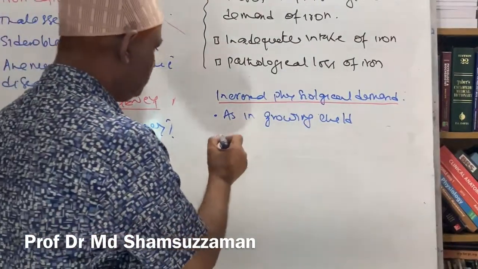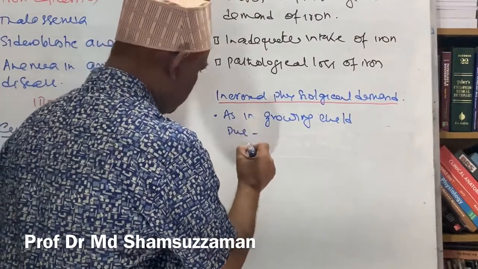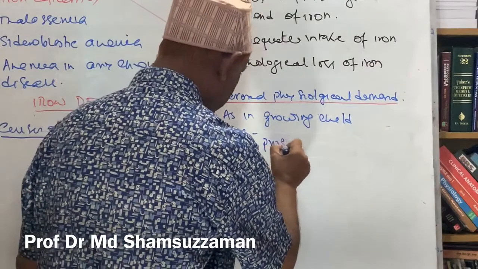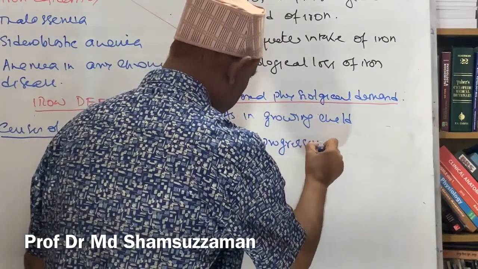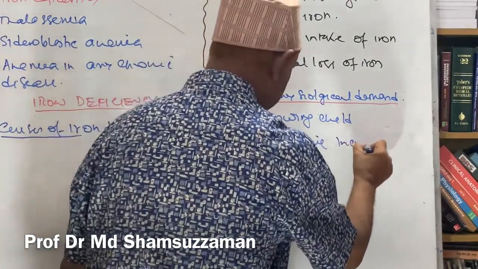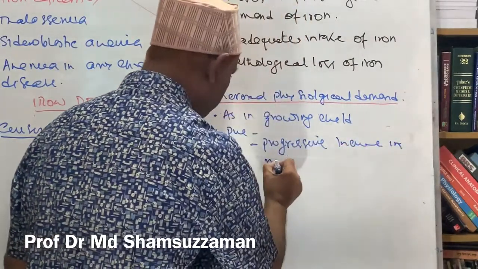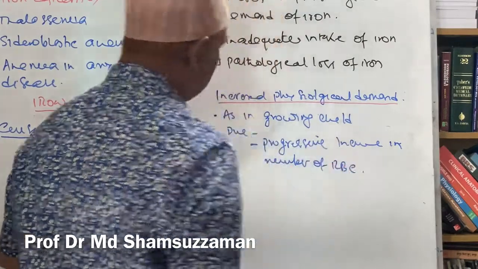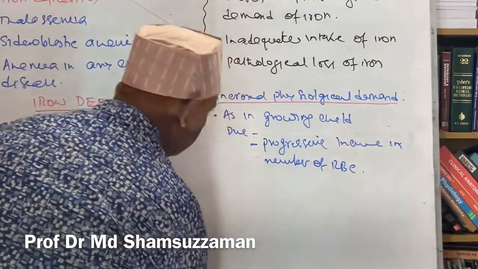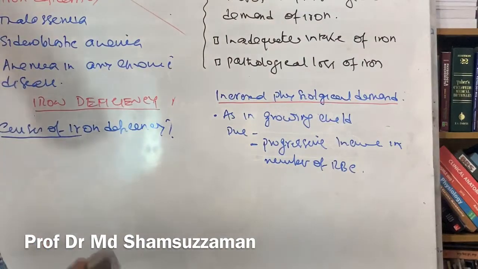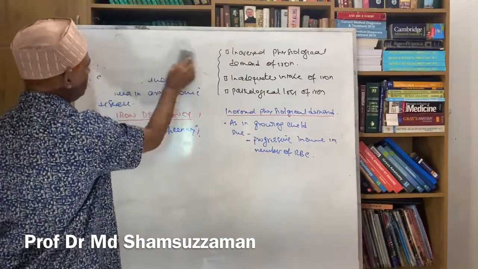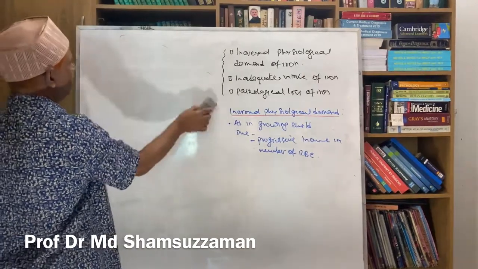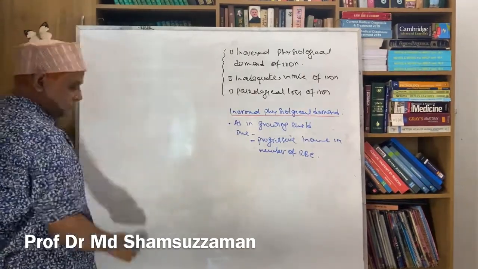It is due to, number one, progressive increase in number of RBC. You know, RBC contains hemoglobin and hemoglobin contains iron. So in a growing child there is a progressive increase in number of RBC, so there is increased demand of iron.